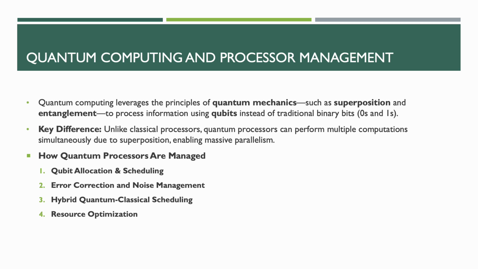Hybrid quantum classical scheduling. Since quantum computers are not yet fully self-sufficient, many applications use a hybrid model where classical processors handle some tasks while quantum processors perform complex calculations. Then, lastly, resource optimization. Quantum systems require extreme cooling near absolute zero to function efficiently. So, quantum computing is our future.